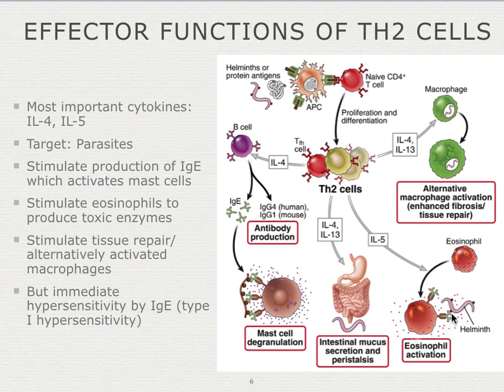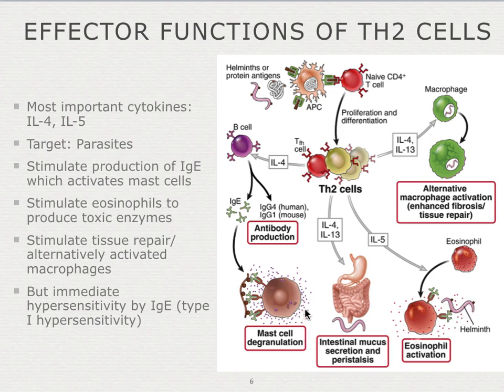So when these IgE antibodies bind to the parasite, the eosinophil will become activated and will start to exocytose all sorts of molecules that are toxic to the helminth. So it's not trying to eat the helminth, it is just showering it with toxic molecules to kill it, basically, and to make it fall apart.